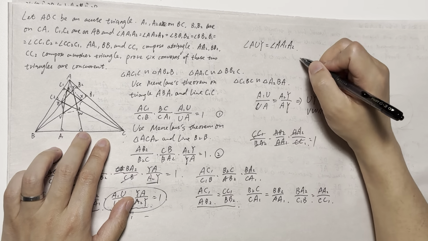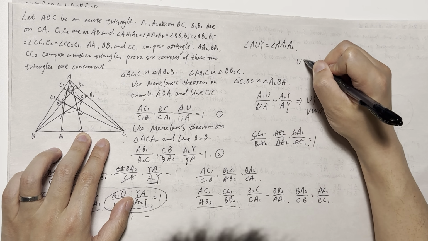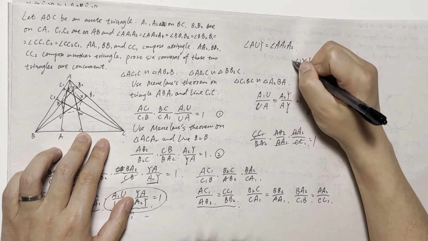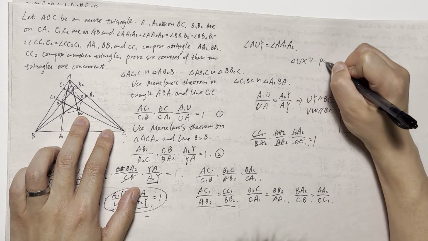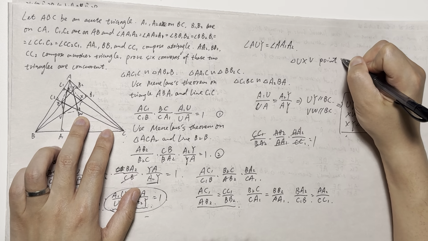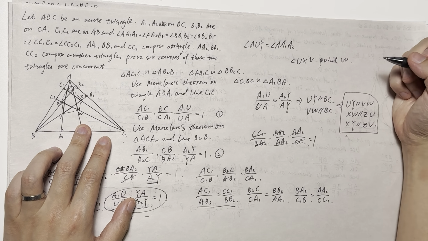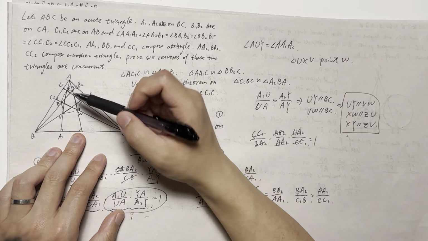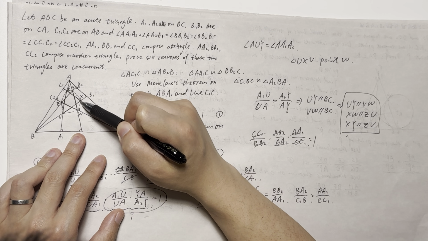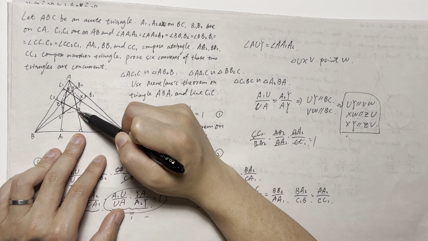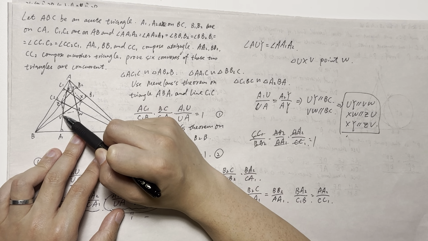So if we look at UXV, triangle UXV, and point W, for example, then we are actually looking at UXWV.